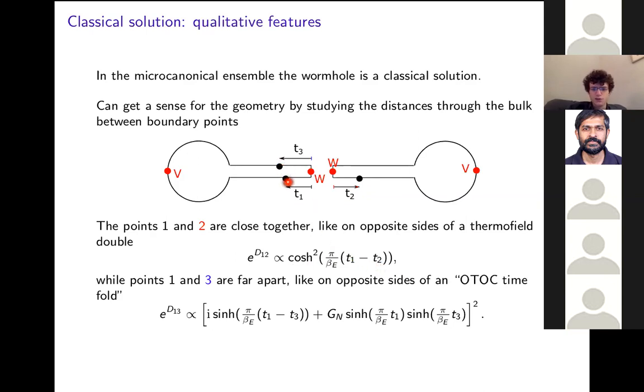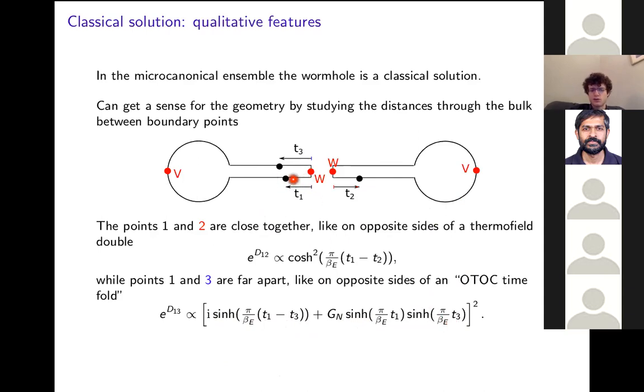Points 1 and 3 are far apart, and they feel like they're on the opposite sides of an OTOC timefold. So that's where OTOC physics gets involved, although we're not computing an OTOC. We're computing something else, but OTOC physics still gets involved. And the distance between those 2 points has this simple form. It has a term that is small if the times are equal, but then it has another term that's big, even if the times are equal, as long as the times are fairly large.